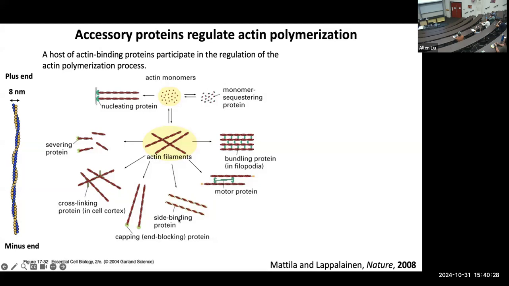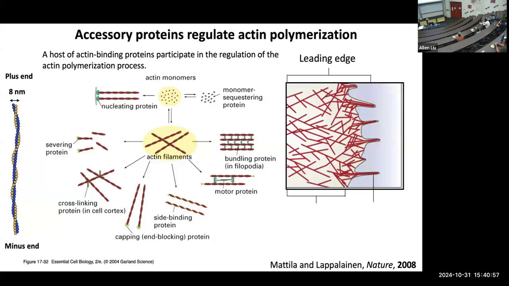There are proteins that will bind to the side. There are proteins that will bind to the end. This is called capping protein. There are proteins that will cross-link the filaments together in a cross-linked network. There are proteins that will sever the filament into two pieces. There are proteins that will nucleate the assembly of these filaments. So, given this diversity of actin binding proteins, you can imagine actin is a material that can rapidly remodel based on the demand of a cell.